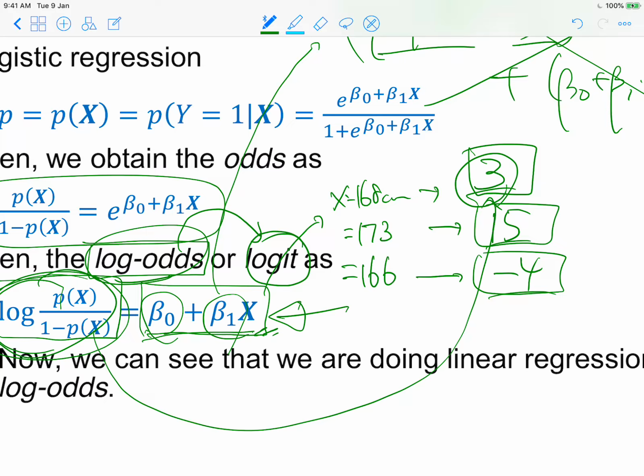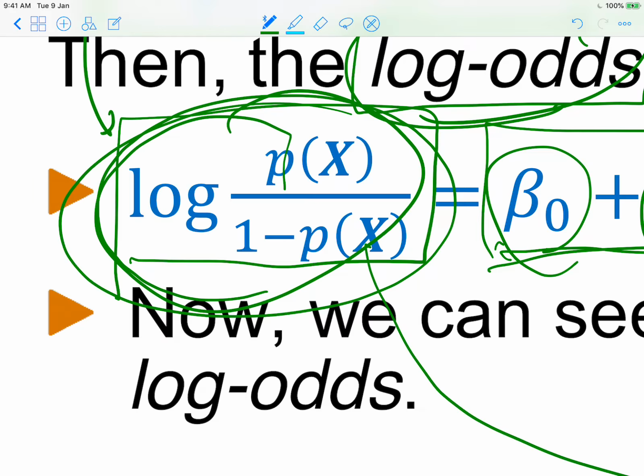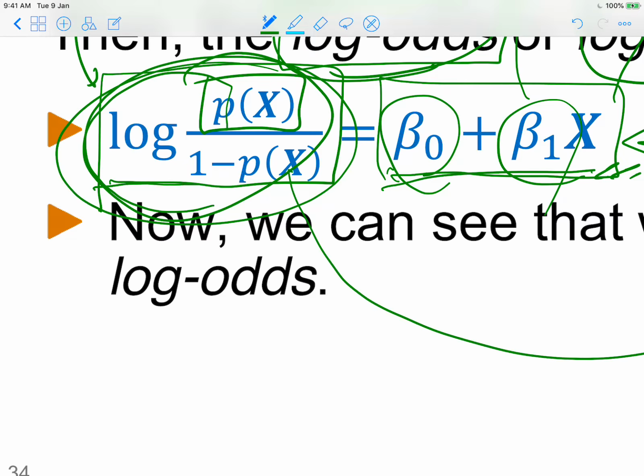We only know, for this guy, 168, suppose in our training data he was actually male, and this guy was actually male, and this guy was female. We only know their specific labels. If we knew this P of X, then we would have no problem obtaining this log odds.